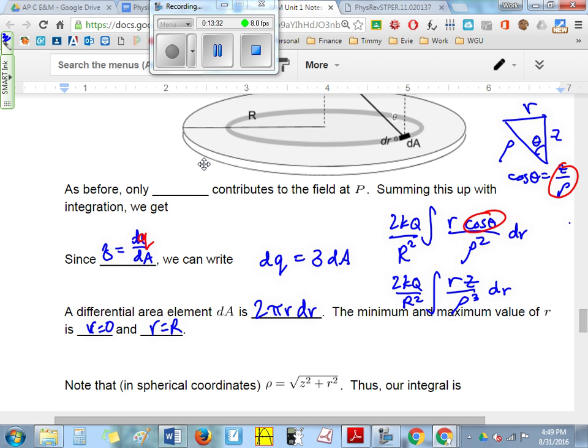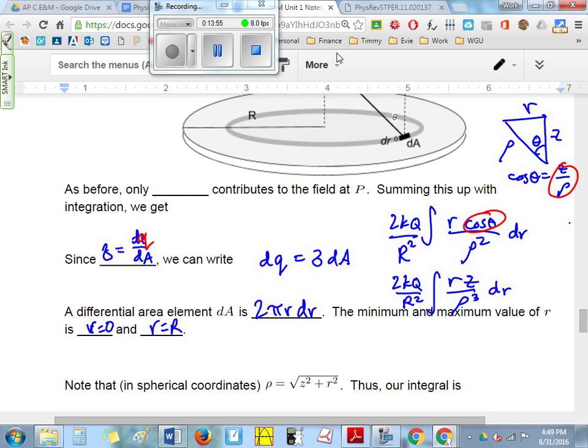Now, little r does change. As you look at different disks, little r changes, but z doesn't change. Remember, point P was up here, so now I'm kind of drawing above everything, but z never changes. It doesn't matter where you are on the disk. The vertical distance to point P is the same no matter where you are on the disk.